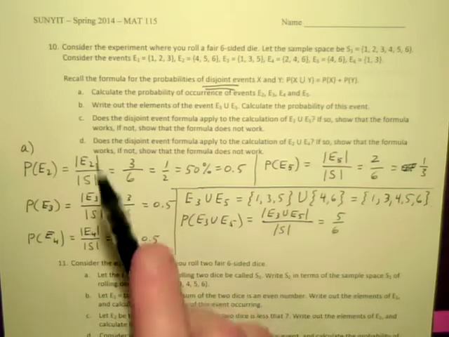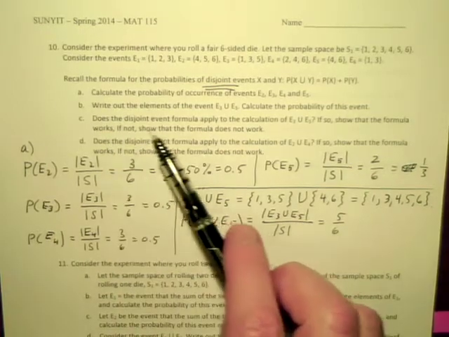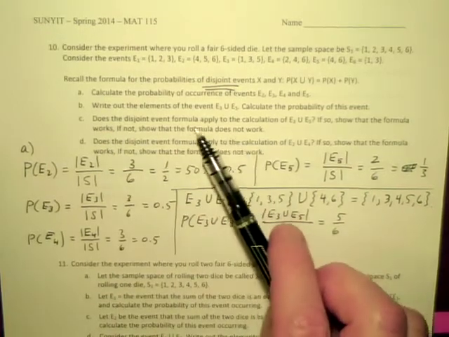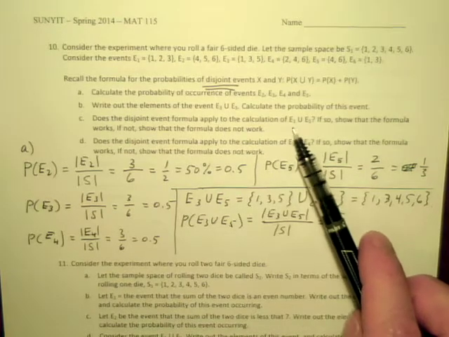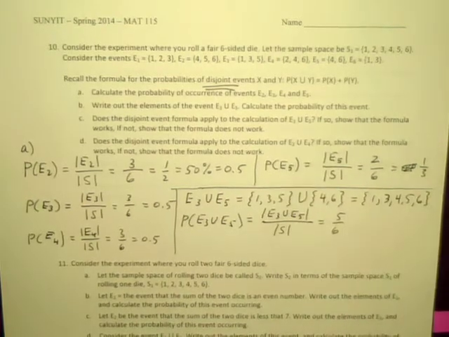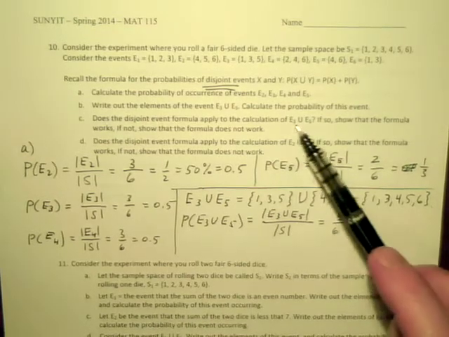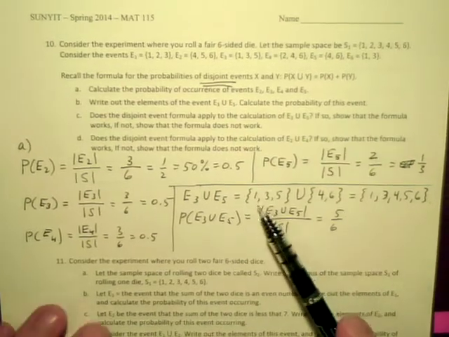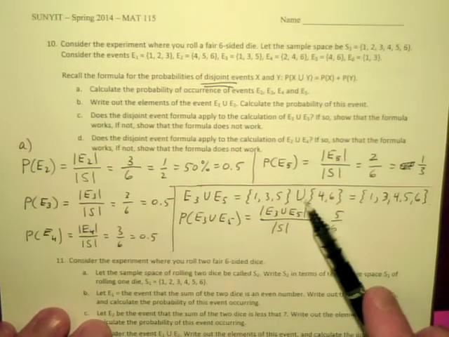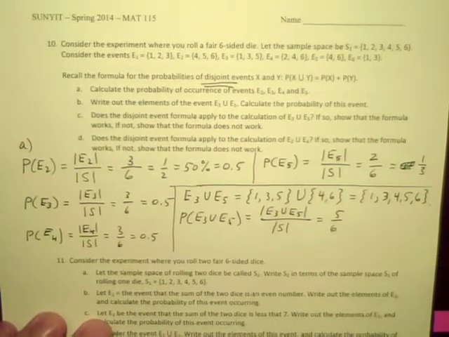Okay, part C asks, does the disjoint event formula apply to calculation of E3 union E5? Yeah, it does, because E3 and E5 were disjoint. E3 had 1, 3, 5, and E5 had 4 and 6. They're disjoint sets.